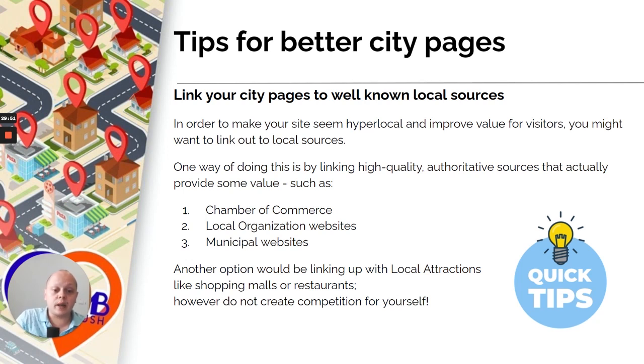Another option is linking to local attractions like very well-known shopping malls, restaurants, important buildings. If you're in Rome, the Tower of Pisa, for example. However, keep in mind, don't create competition for yourself. If one of those buildings is your competition, for example, you might not want to do that.